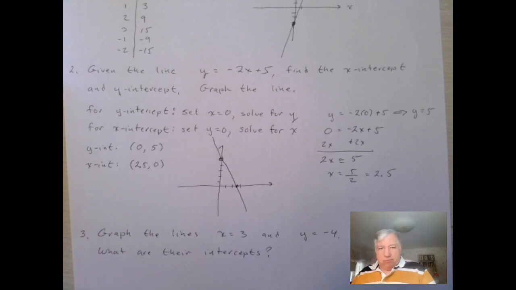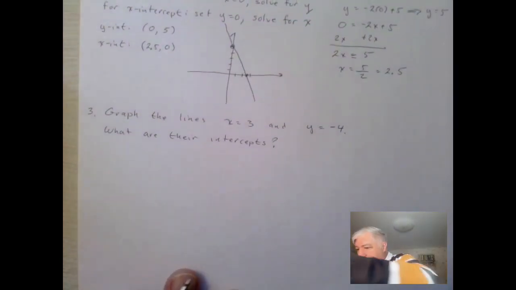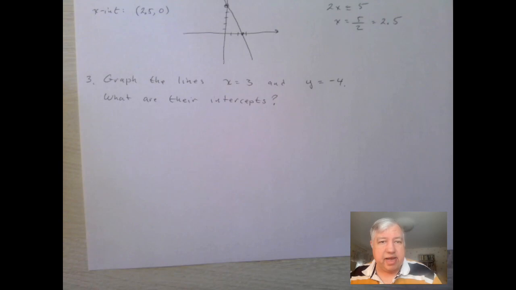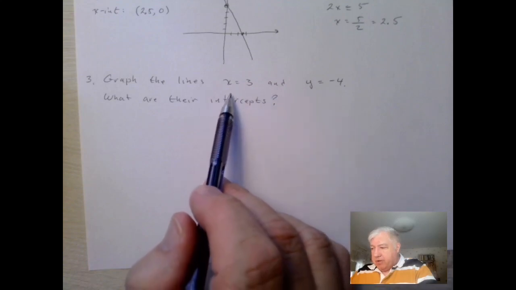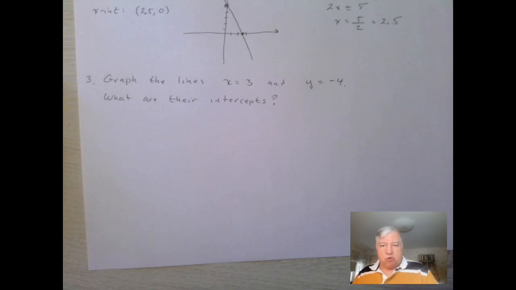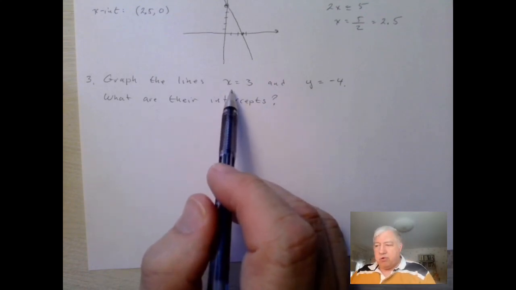All right. Now, there are a couple of degenerate cases here. Let's say we wanted to graph the lines x equals 3 and y equals 4. So there are 2 lines we're talking about. When you see an equation given by x equals some number, we're talking about a vertical line, because we're talking about all the points where the x-coordinate is 3.